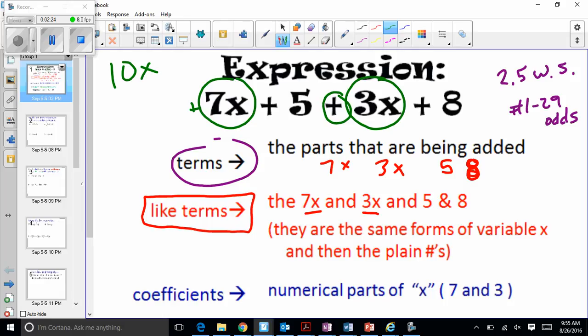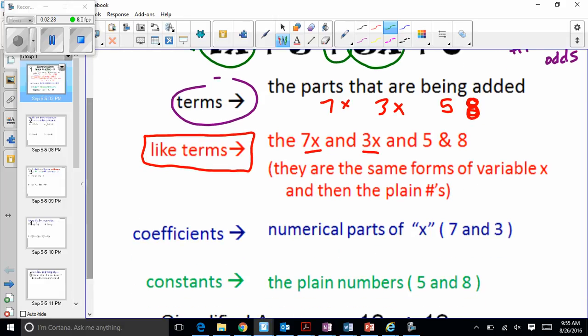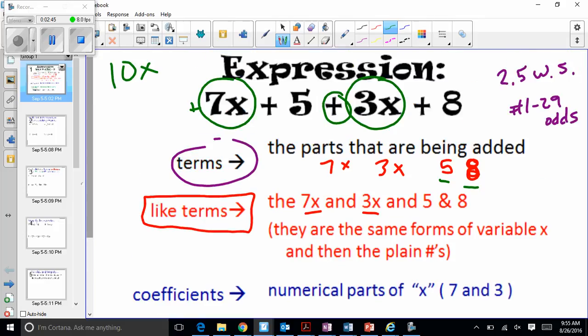In addition, I have these two other terms. You might call them a regular number or something. We've got 5 and 8. 5 and 8 are constants, plain old regular numbers, and they don't have a variable with them. I can always add constants together.